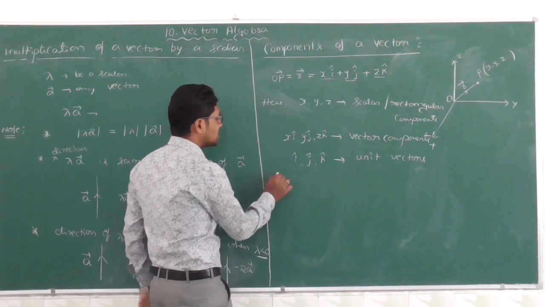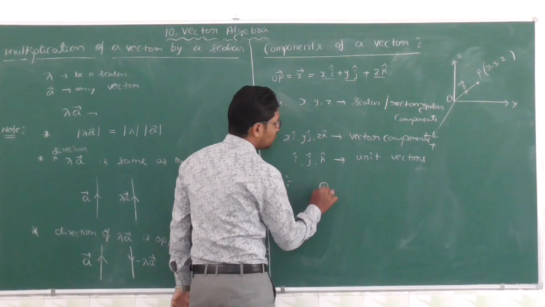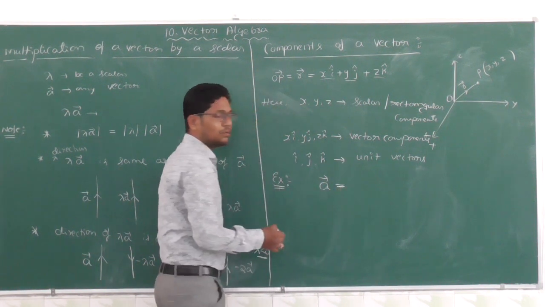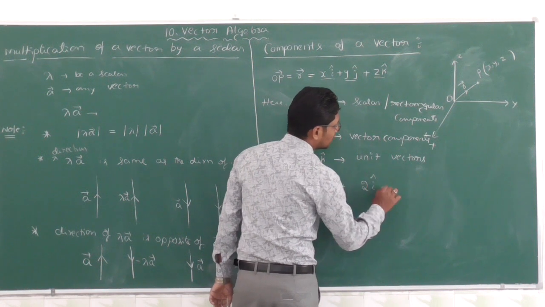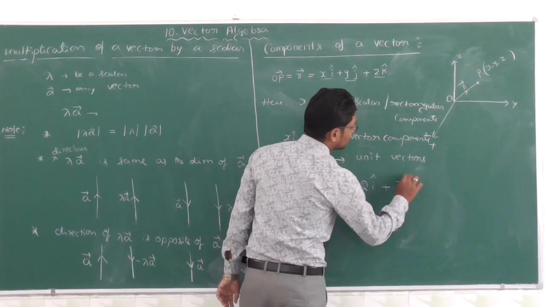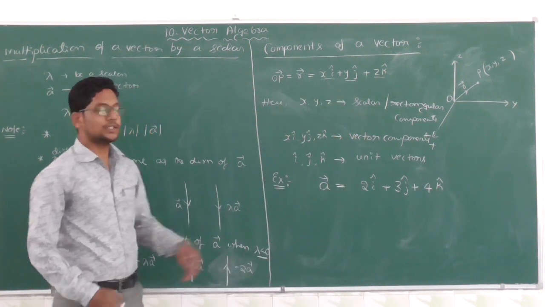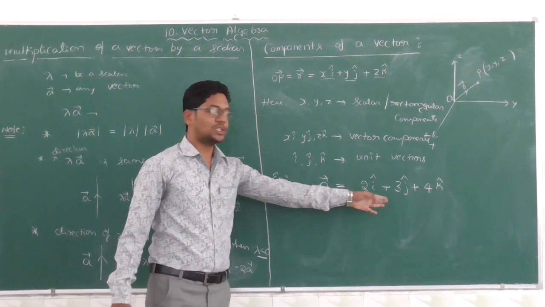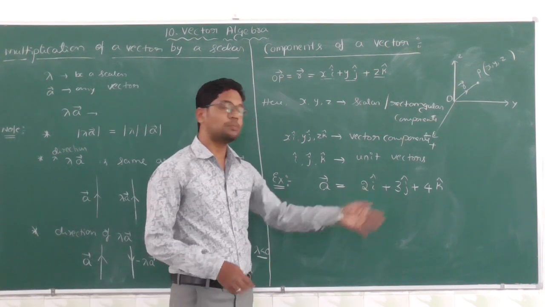Okay? Let us consider one example. We have the vector A equals to 2i plus 3j plus 4k. We should not read it like 2i plus 3j plus 4k.